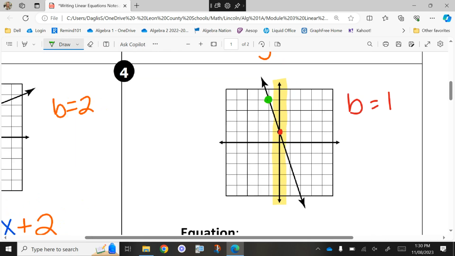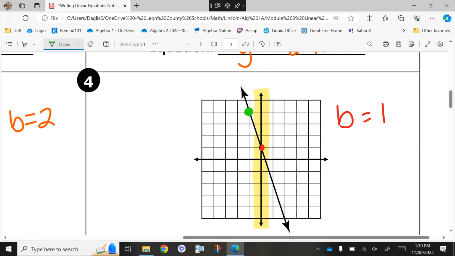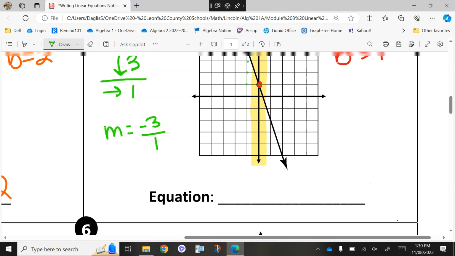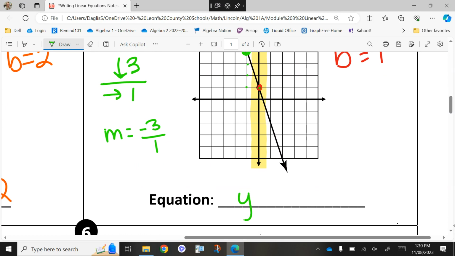Make it green. So it's -3. How does green go? We go down 3. And we went over how much? Over 1. So my m is -3/1. And how do you think we're going to write that in our equation? y equals -3/1 x plus 1.